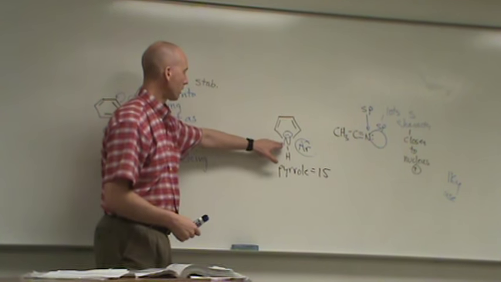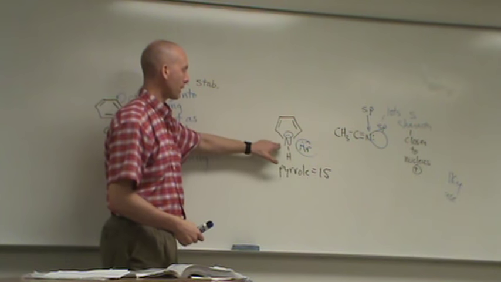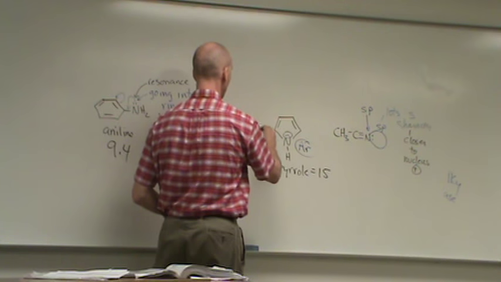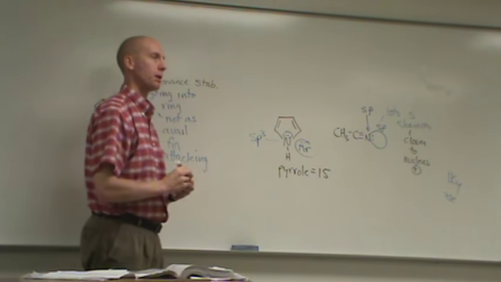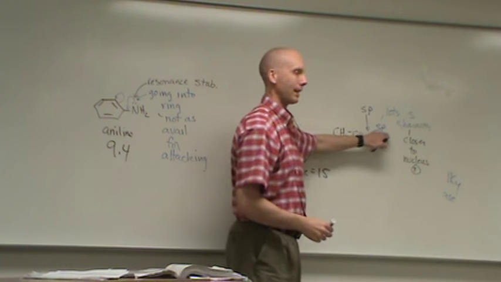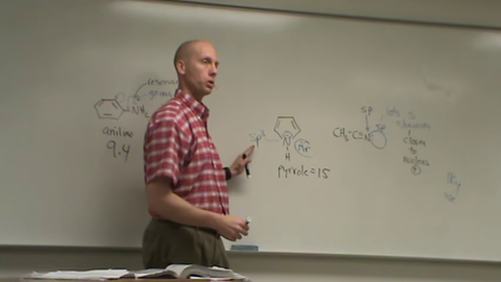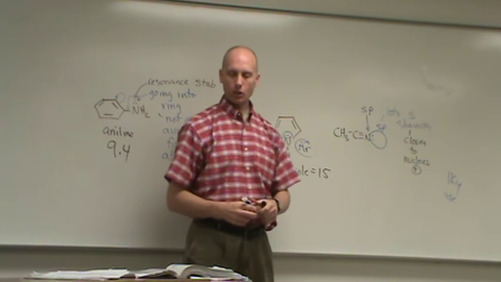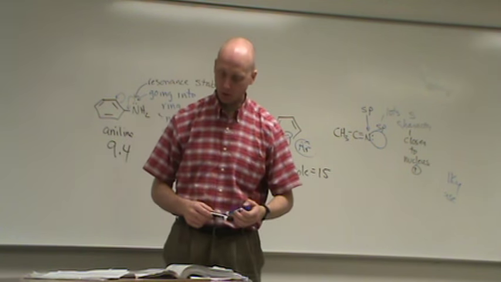Whereas regular amines are sp3, and sp3 does not have as much s character as sp. So these are not as glued to the nucleus as these are. So what do you think that's going to do to the pKb?